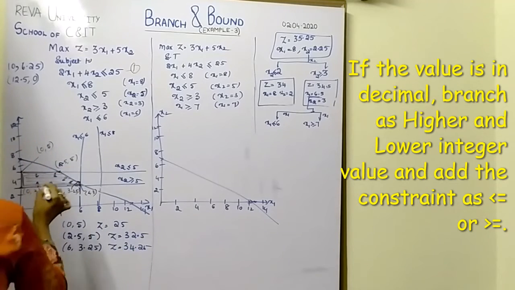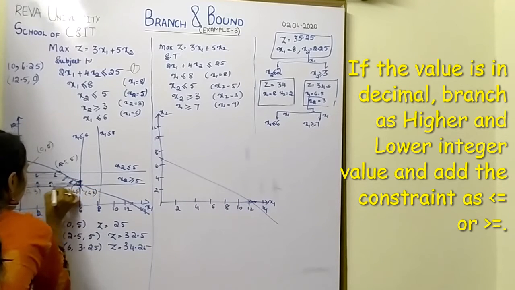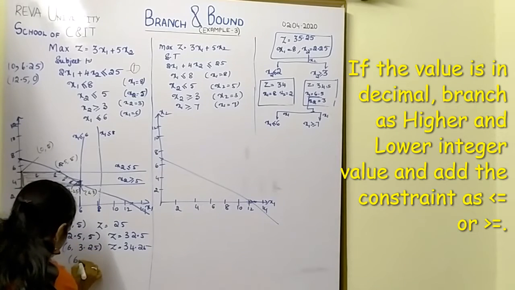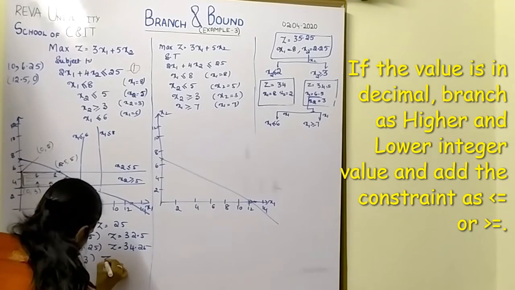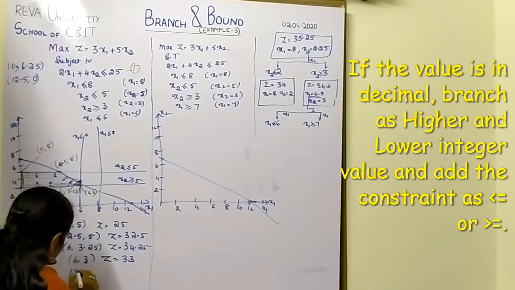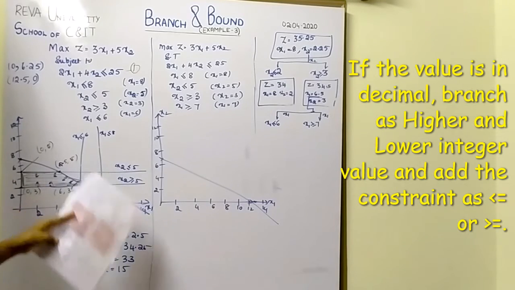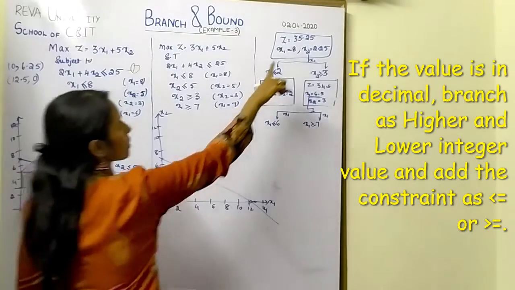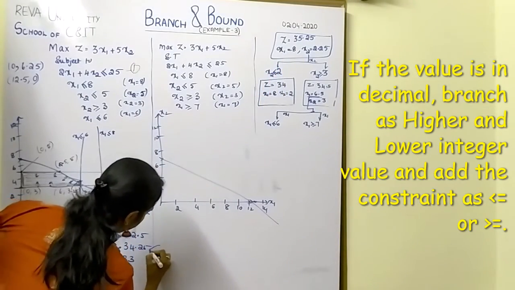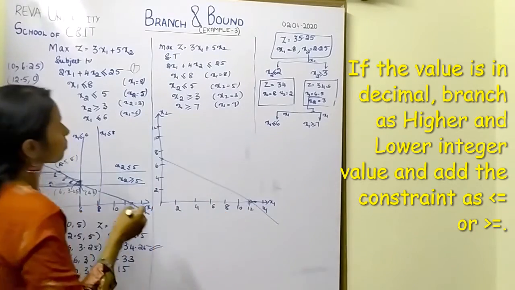If you do it on graph sheet, you can find one point here, then down, and it continues like this. Then (6, 3), z value equals 33. (0, 3), z value equals 15. So which gives us the maximum optimal solution within that range? 34.25.